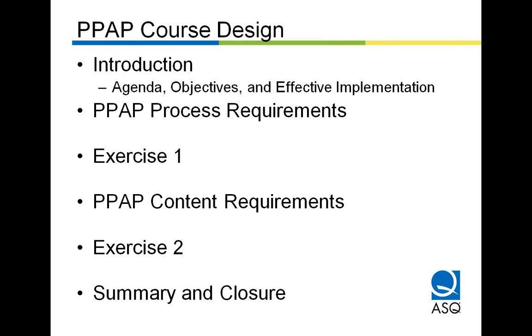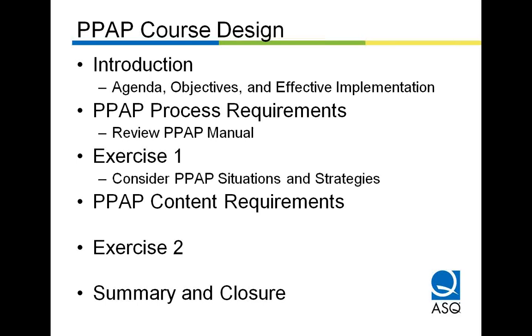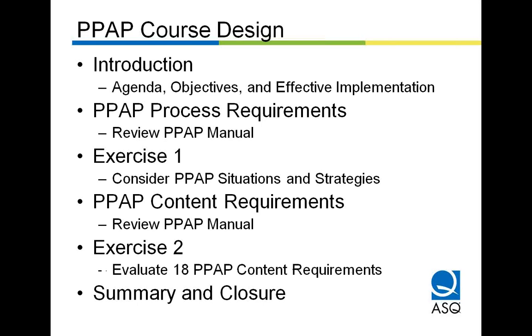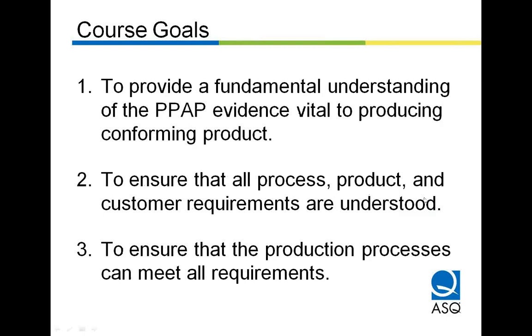So the introduction handles the agenda, the objectives, and effective implementation of PPAP. The process requirements review what's in the PPAP manual. In the first exercise, we're going to look at situations and strategies. Then we're back to the PPAP manual for the detailed requirements of those 18 elements. And then we'll work on the simple words for each of the 18 elements.